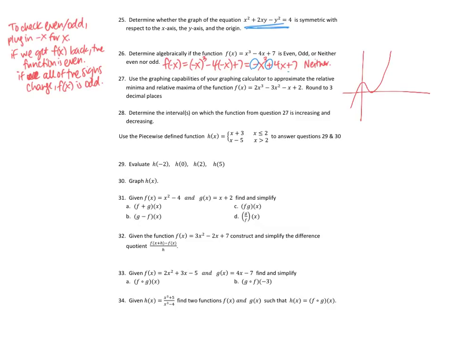So the max happens at negative 0.14549, and the maximum value is 2.0758. Okay, and for the minimum, oh, I need to round to 3 decimal places. Okay, so let's see here. 145. Oh, whoops, I want to erase.